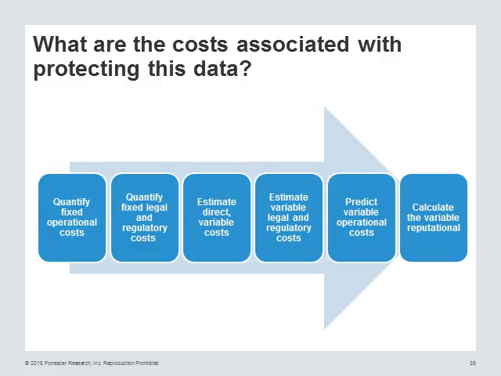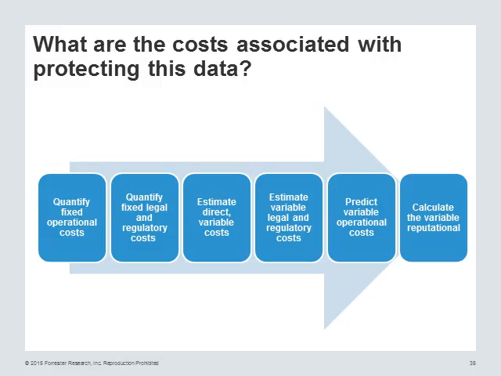This could be things like the cost of an external audit, or PCI compliance reviews, or other legal obligations here. And then we have direct as well as variable costs that are typically associated with breaches or compliance violations. So maybe forensic analysis could fall under here, consulting fees as well, or breach notification services and other things.